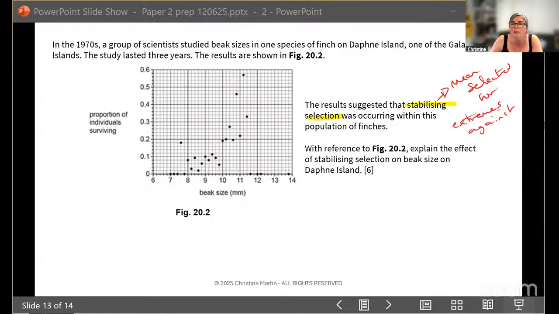So what you're looking at when you see a question like this is, what causes this change? Well, remember, you need to have genetic variation. So where does genetic variation come in? I've talked about mutations, but genetic variation is not just about mutations.